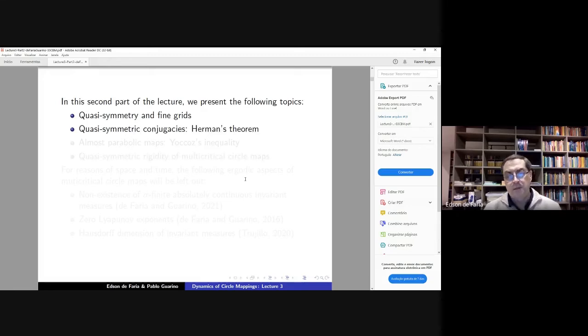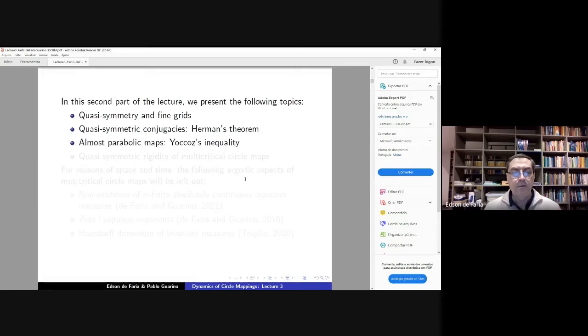I'll talk about quasi-symmetric conjugacies and exploit a consequence of our criterion, which is to prove Herman's theorem to the effect that every multicritical circle map with irrational rotation number of bounded type is actually quasi-symmetrically conjugate to a rotation with the same rotation number.